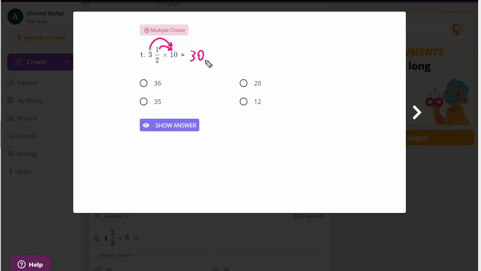Okay, and half times 10. Half times 10 is 10 halves, and 10 halves is 5. Why? Because 10 divided by 2 is 5. So it's 30 plus 5, which is 35.